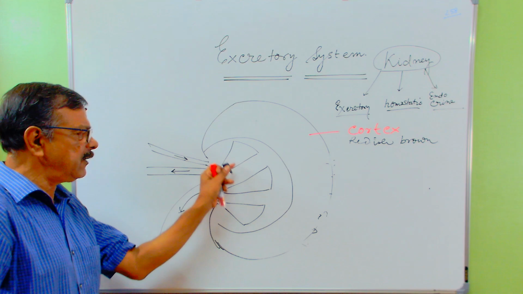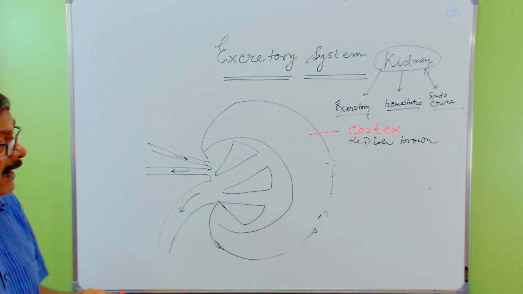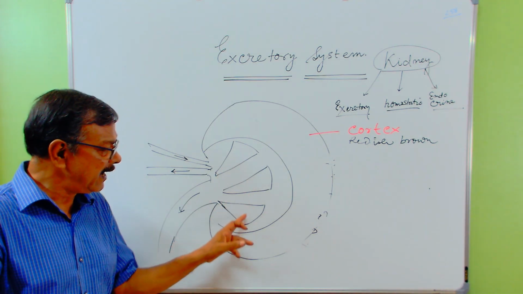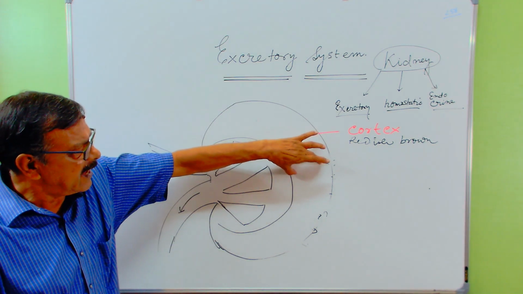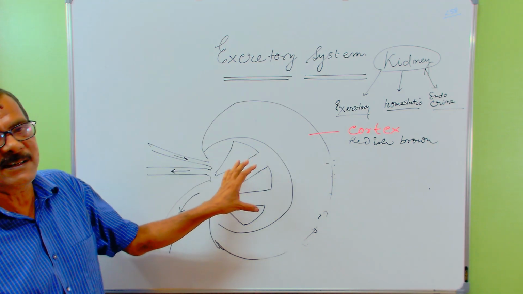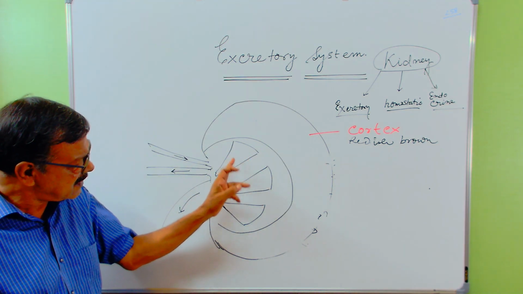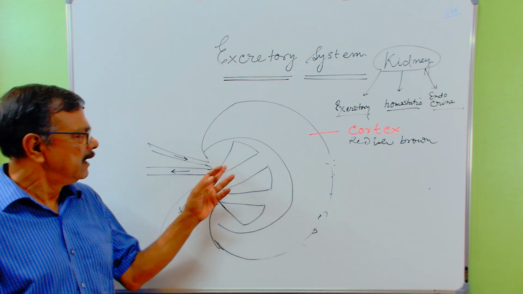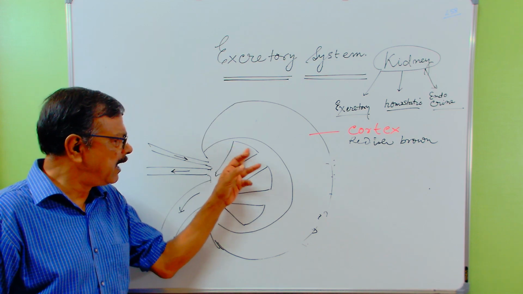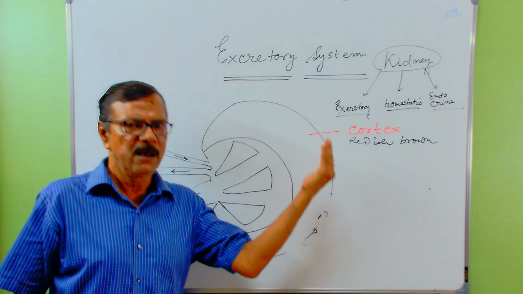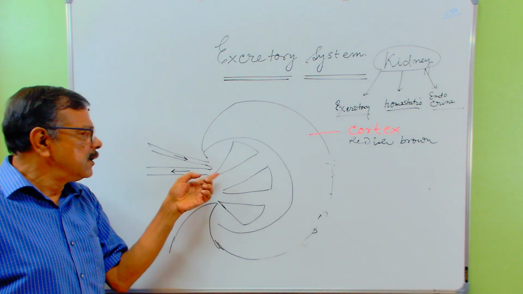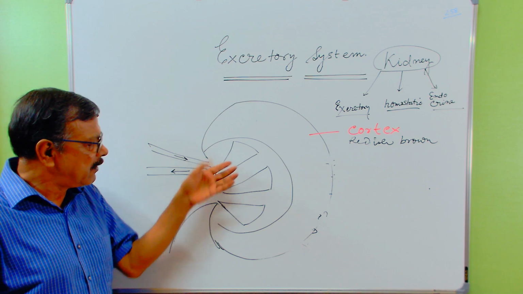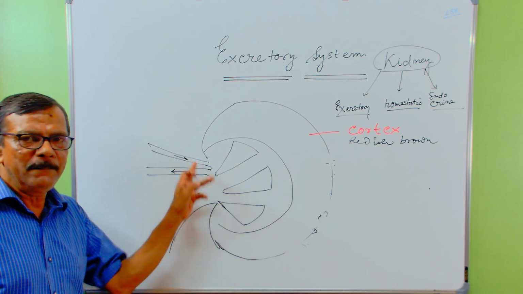There are 10 to 15 pyramids within that 3 to 4 centimeter area. This is darker red brown and this is lighter, and it has 10 to 15 conical areas. The broad base of this pyramid is towards the cortex, and the shorter one, the apex or papilla, is towards the hilum.